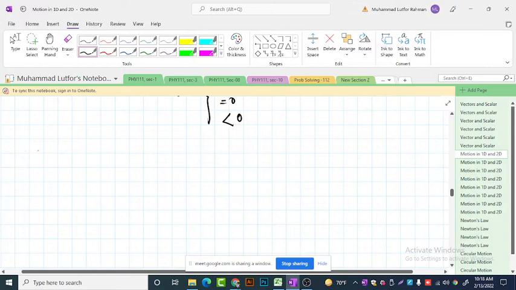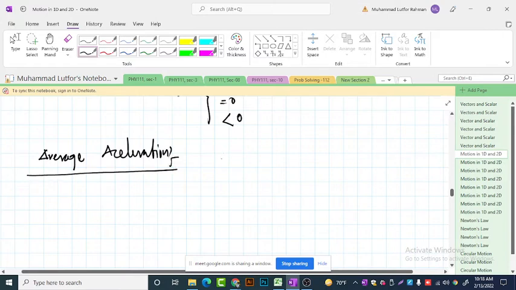All right, in the same way we can find the average acceleration. If I find the average acceleration for this journey between t1 and t2, I'll use my definition.